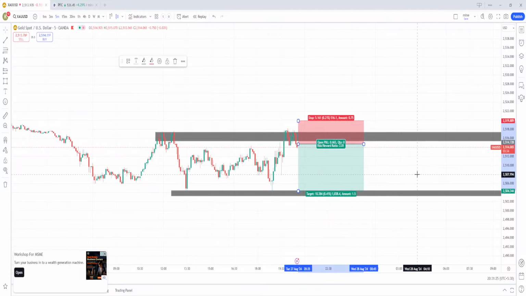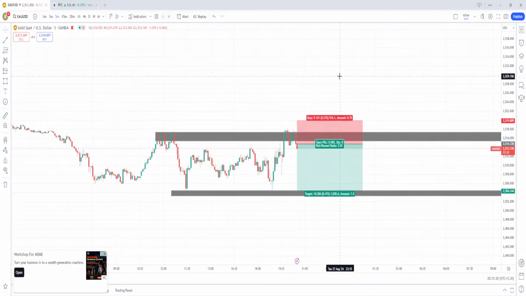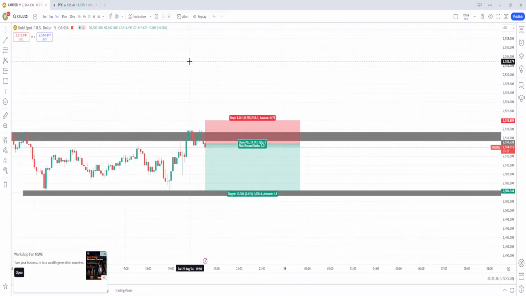So we are going to take a trade with this. By using supply and demand and Fibonacci retracement, we took this trade.